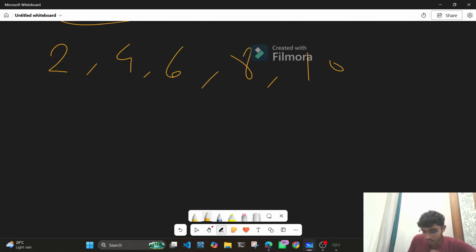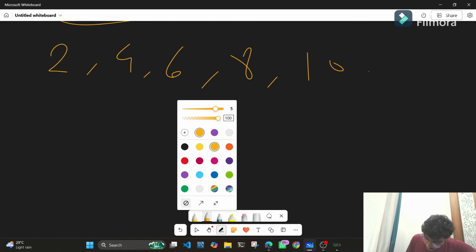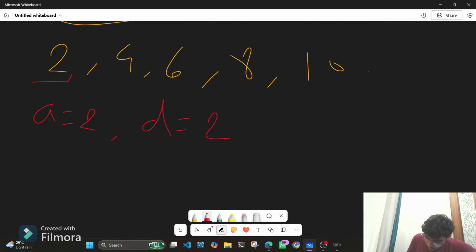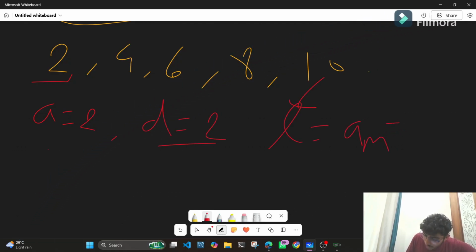Now, if we are given the last term directly, say we have the AP 2, 4, 6, 8, 10, so that is our AP. Here we are given a is equal to 2. We know that d is equal to 2, and we also know that the last term, l or an, is equal to 10.